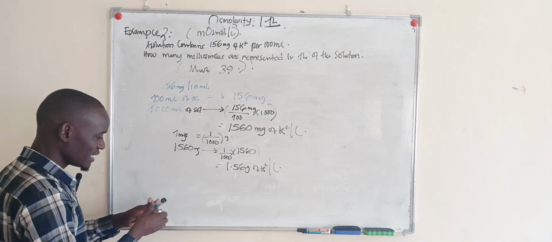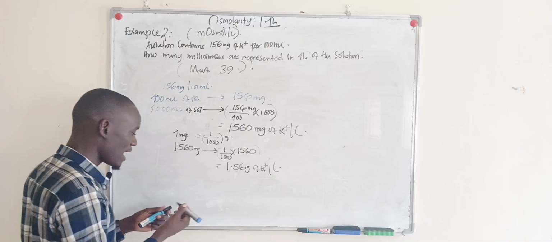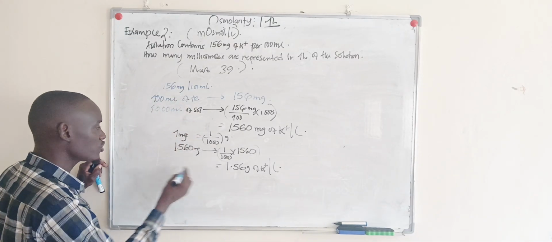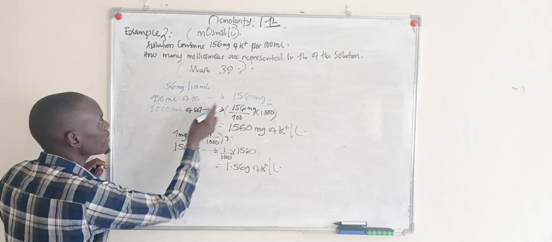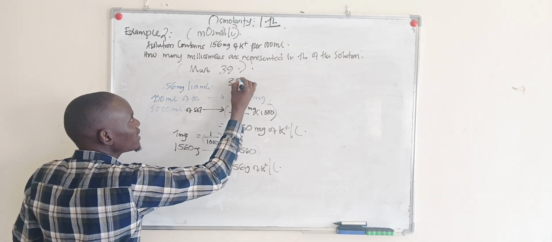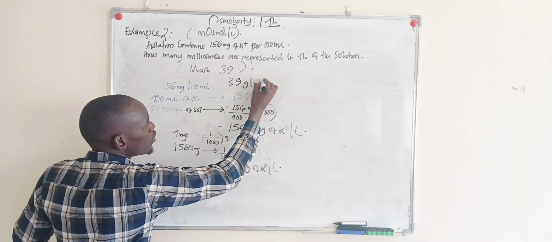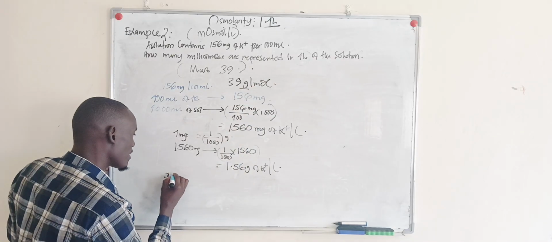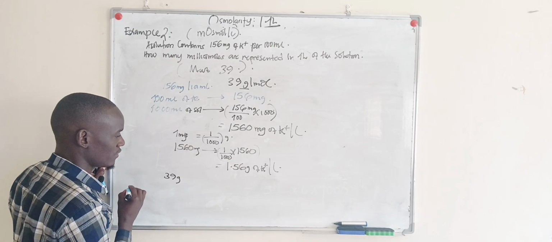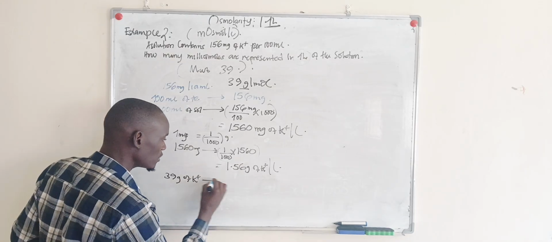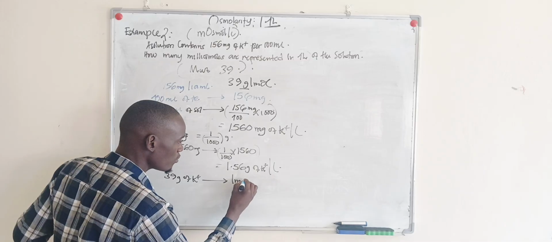So after getting the mass of potassium ions in a liter, we can do it from first principle, where we know that the molecular weight of potassium is 39 grams per mole. What we know is the mass. So we shall say 39 grams of potassium ion contain 1 mole.